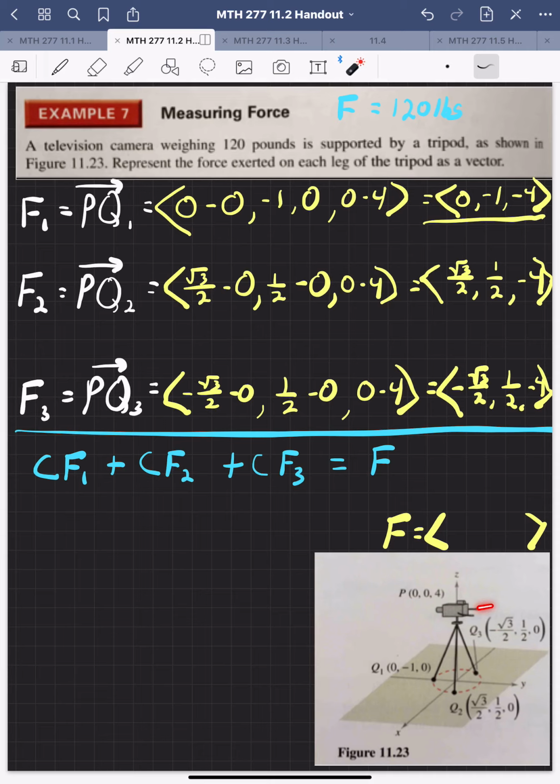It doesn't want to go left to right, or side to side. It wants to go in a negative direction of the z-axis. So the way we can represent that is, we have 0 for the x and y directions here, and we have all 120, and the keyword is downward. So all 120 pounds is in the negative z direction.